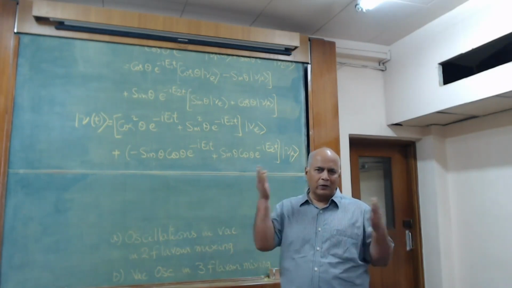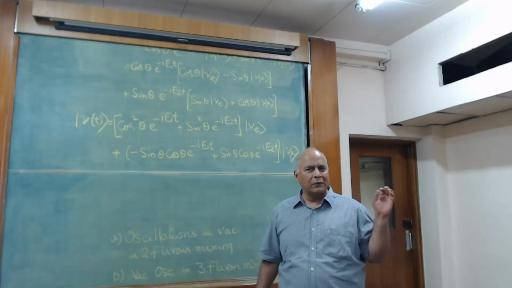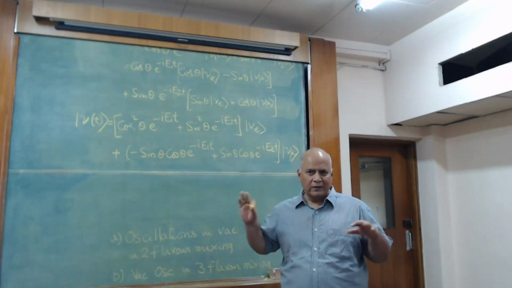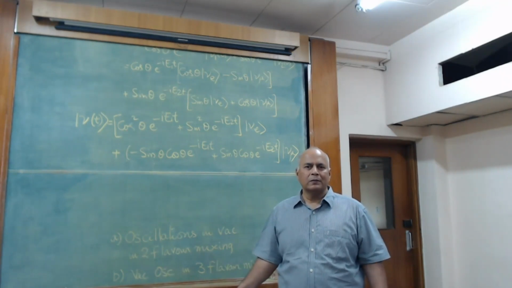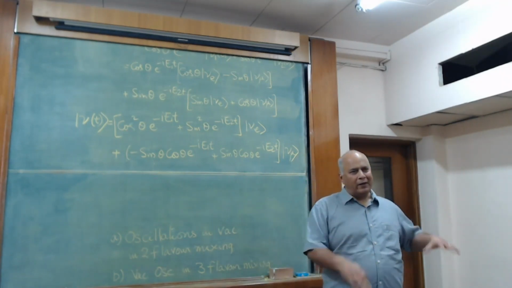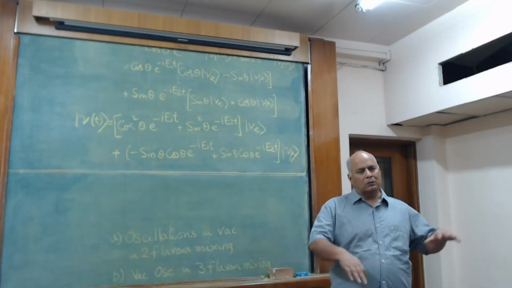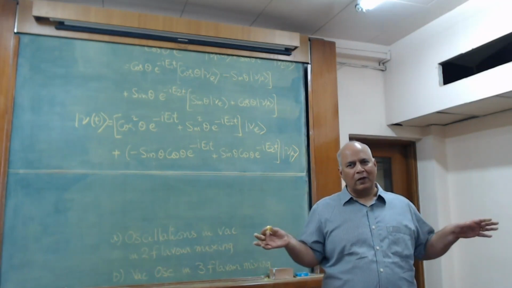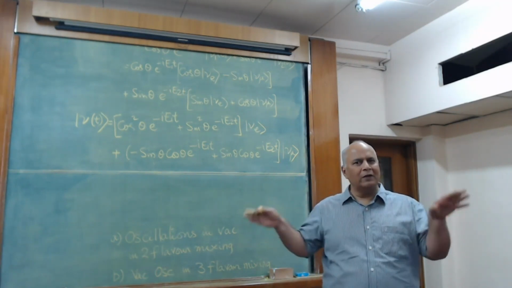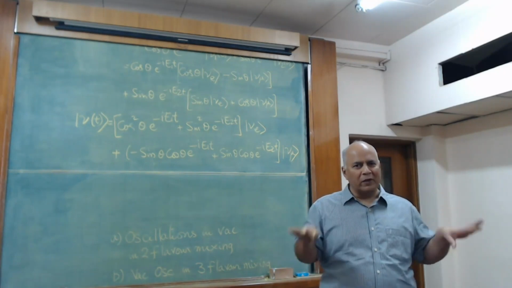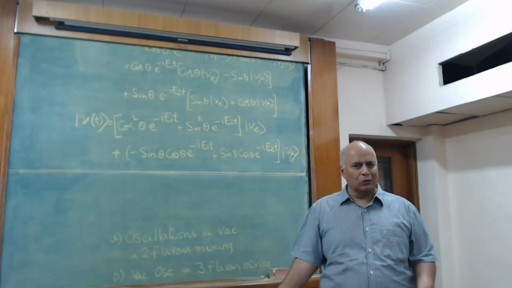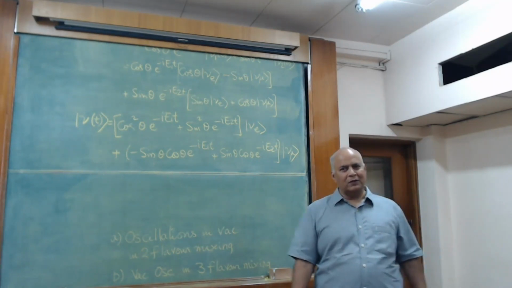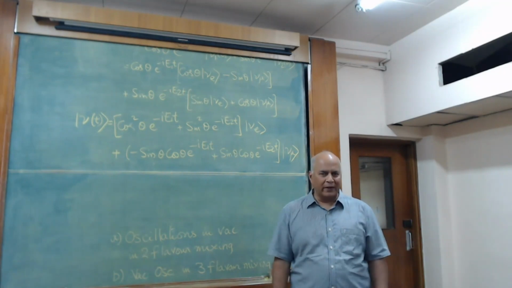But I'm not going to prove it. If you want, you can read it up in this textbook of Giunti and Kim, where they do a thorough discussion of the wave packet description of neutrino oscillations. Whether you assume wave packets of different momenta, or wave packets of the same momenta, you get the same answer in both. So to keep the algebra simple, we make the assumption that the two wave packets have the same momentum.